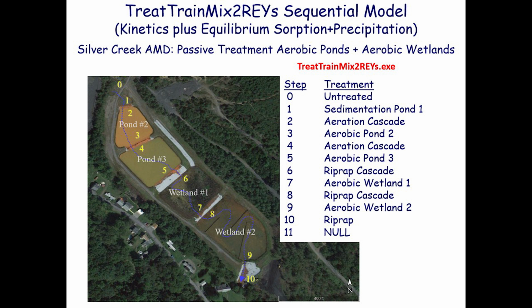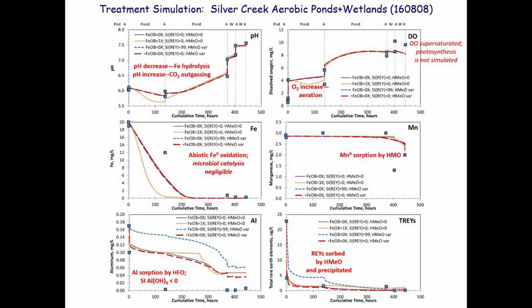The final model is basically where I don't have iron oxidizing bacteria, I do have existing sorbent, and we allow rare earth elements to precipitate. That would be here. So it's a combination of absorption and precipitation occurring. That's the bottom line. We'd have to do a little more further analysis to say exactly what's present.